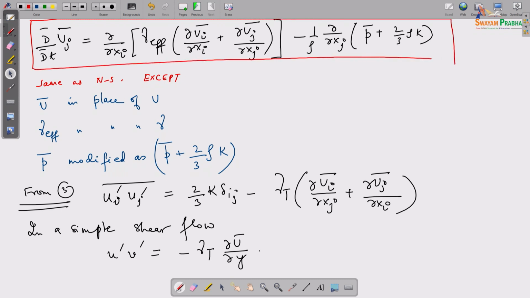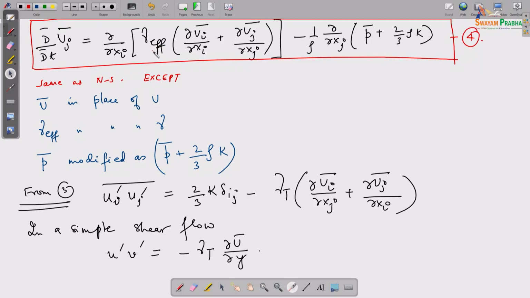I just wrote down the equations first because they are quite a bit. I will call this 4.